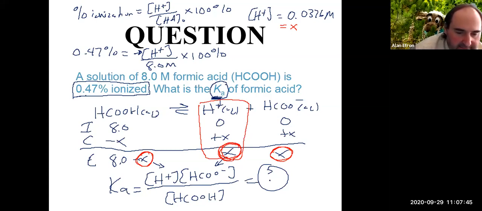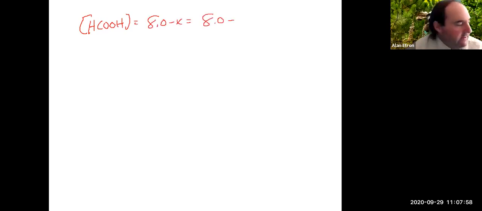That means that we can take our concentration of HCOOH, which would equal 8 minus X, which would be 8 minus 0.0376 molar. And that would get us, we'll call it 7.9624.